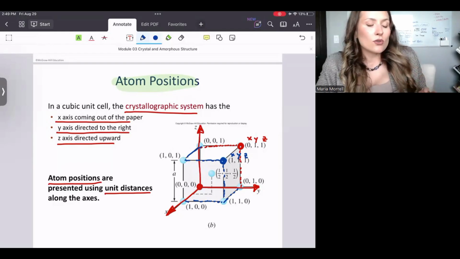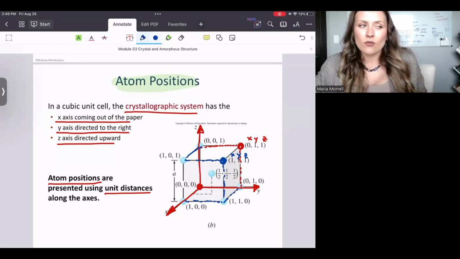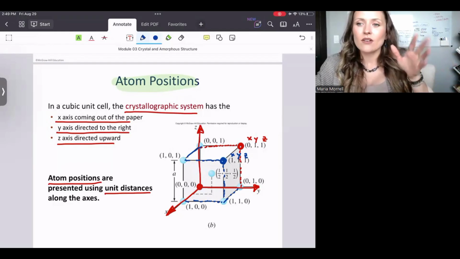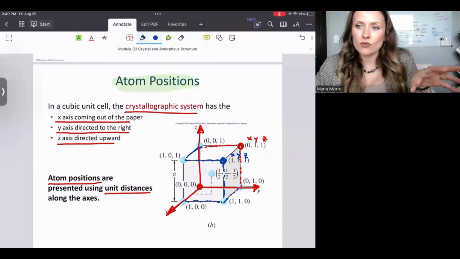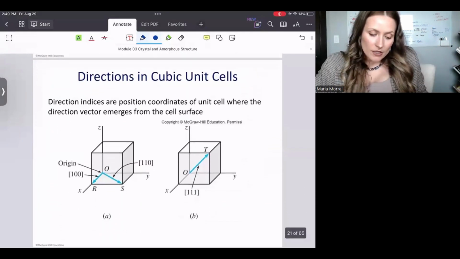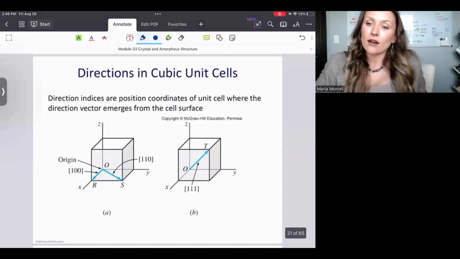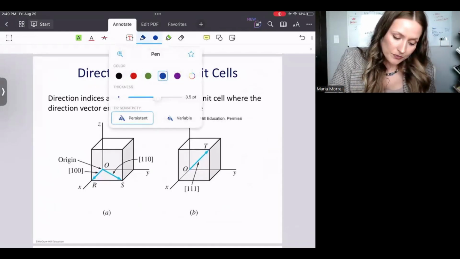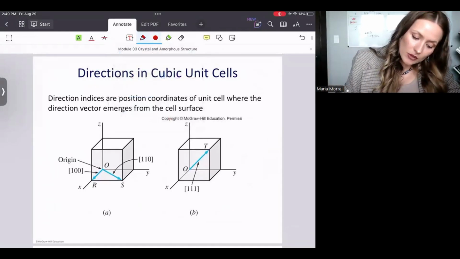Now, why we need to be familiar with this, because everything else kind of depends on your ability to define the atom positions. Because often we need to define the direction in a cubic unit cell. And it is relatively simple.